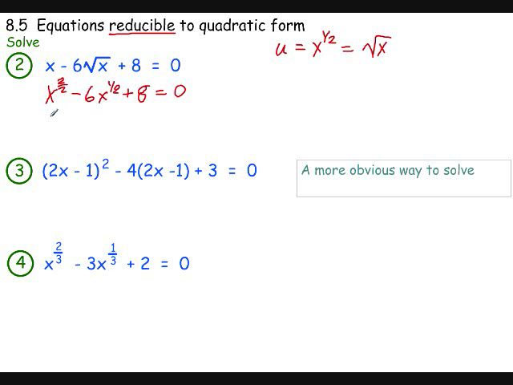Okay, so this will be U squared, right? Minus 6U plus 8 equals 0.